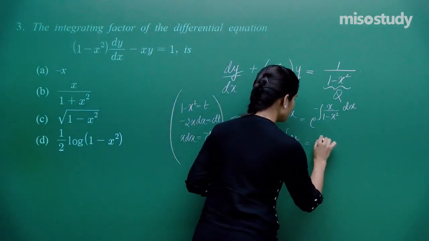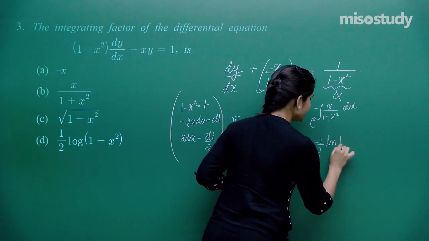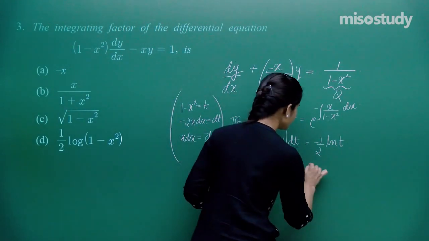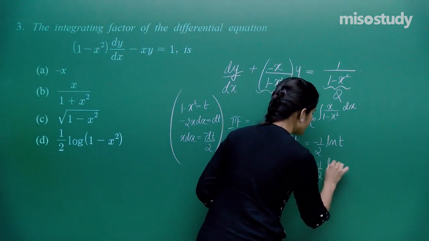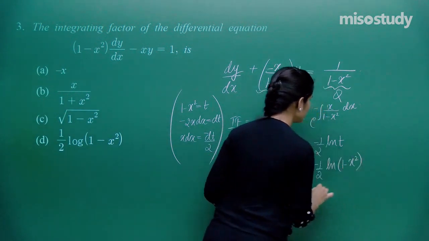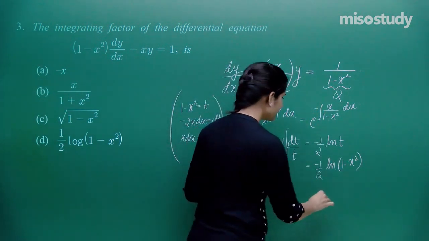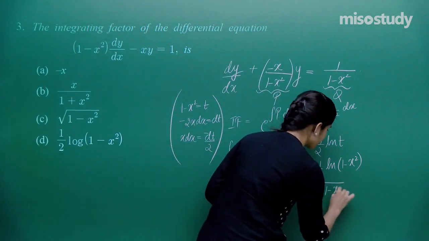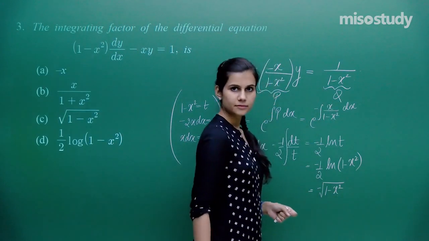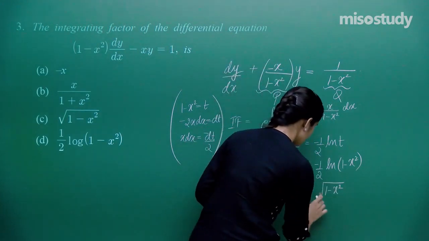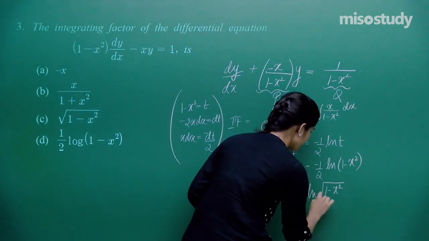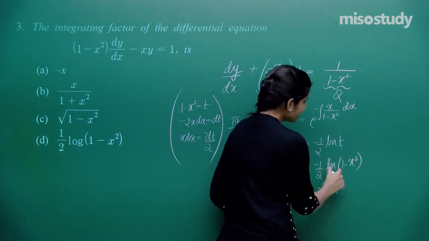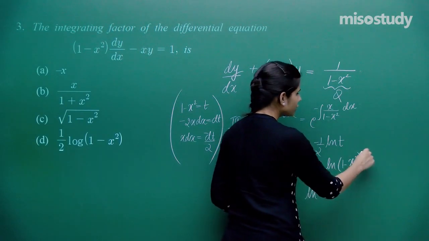So you get minus 1 by 2 ln t. What you get? Minus 1 by 2 ln t, which is minus 1 by 2 ln of 1 minus x square, because 1 minus x square was t, and therefore what is it that you get? You get ln of root over 1 minus x square. Why? Because 1 by 2 is going to go over here.